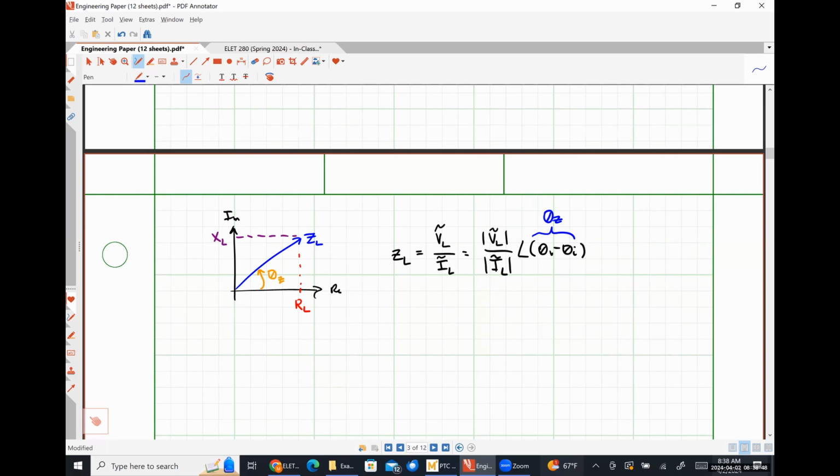So now I want us to look back at this graph I have here where I depicted my impedance ZL on a complex plane, and I want us to figure out what the cosine of that angle theta Z is going to be. Okay. So how many of you guys remember your 8th, 9th, 10th grade trig or whatever? Couple of people raising their hands. Great.